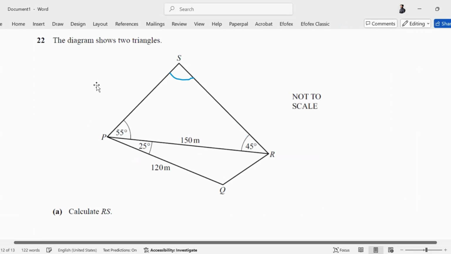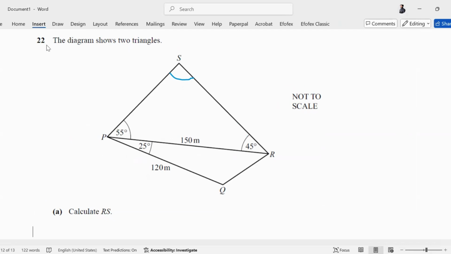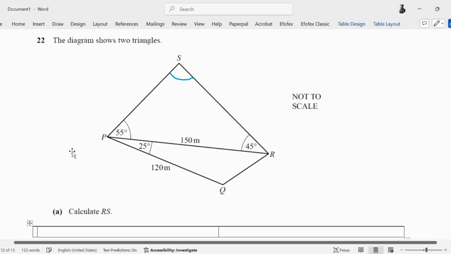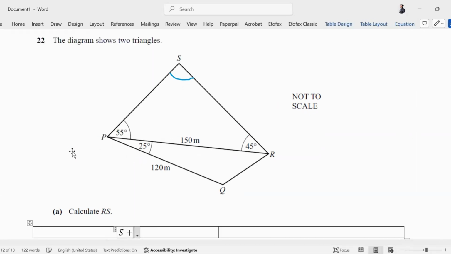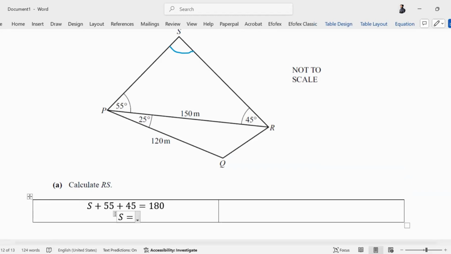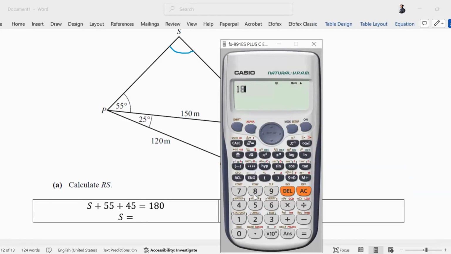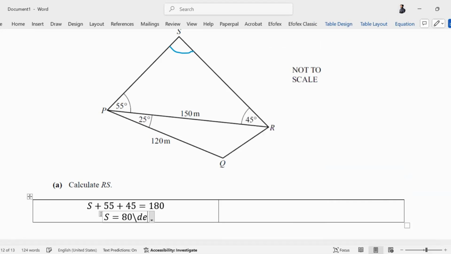Because I need an angle and a side pair to use the sine rule. So the angle S plus 55 plus 45 should be equal to 180. So the angle S will be equal to 180 minus 55 plus 45, which is 80.